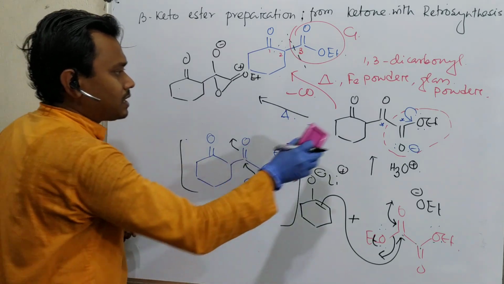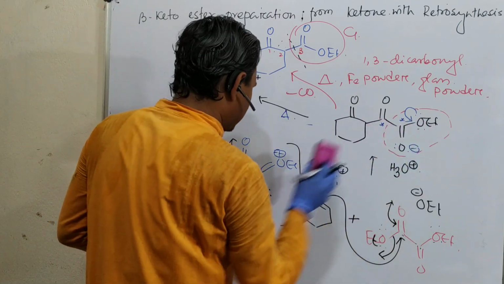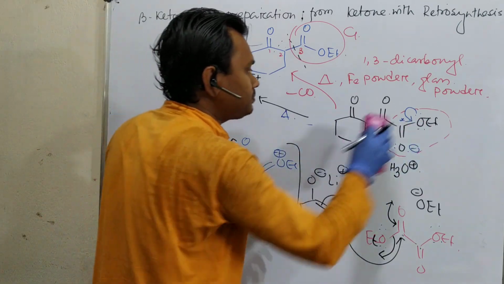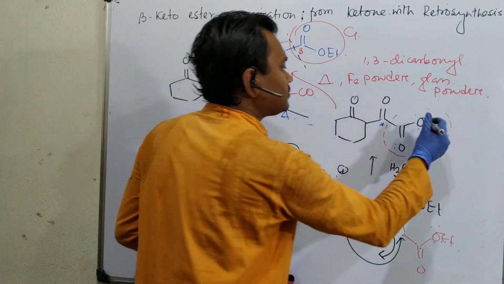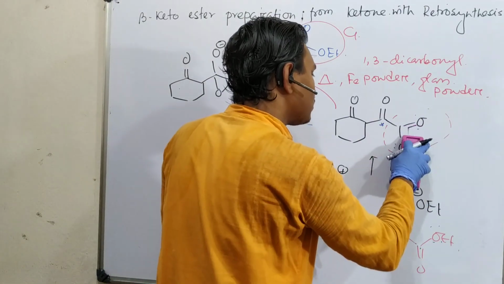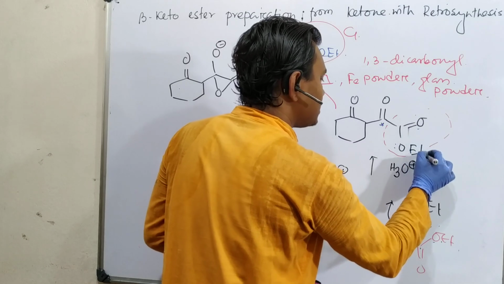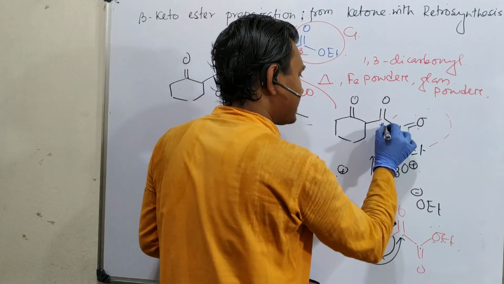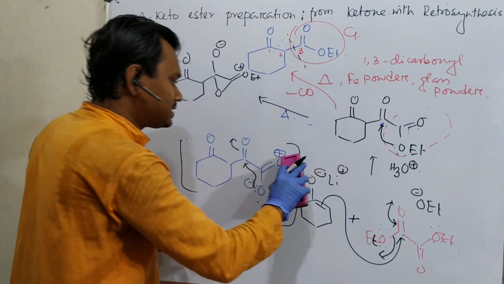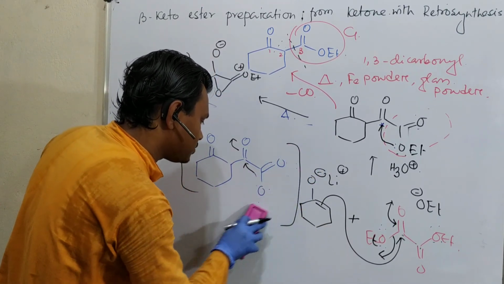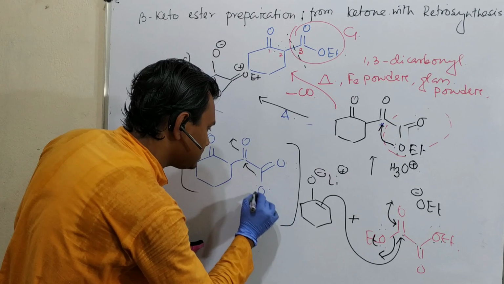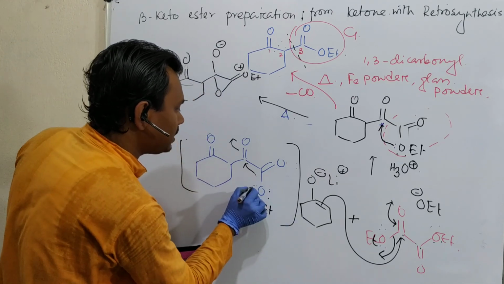Instead of that, another option is this: this is double bond O and this is OEt. So if this OEt attacks, what will be the consequence? The intermediate should look like no charge separation, so the positive charge will be here, so this is Et, this lone pair will attack.